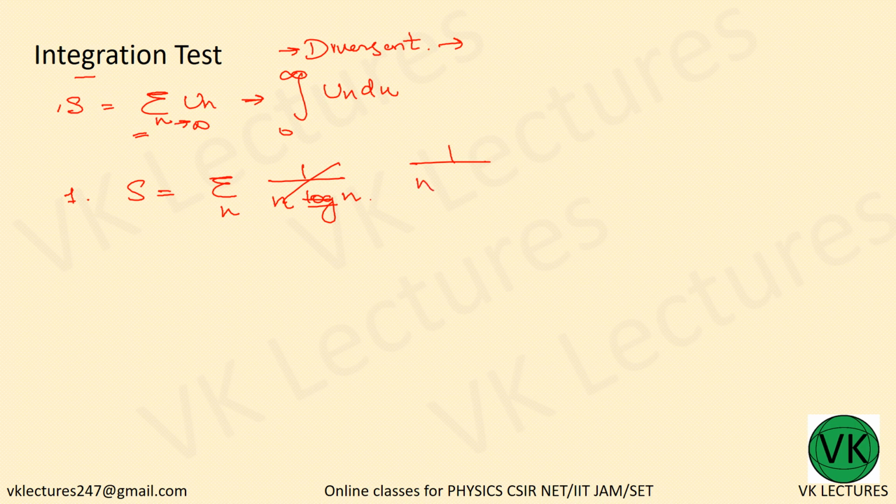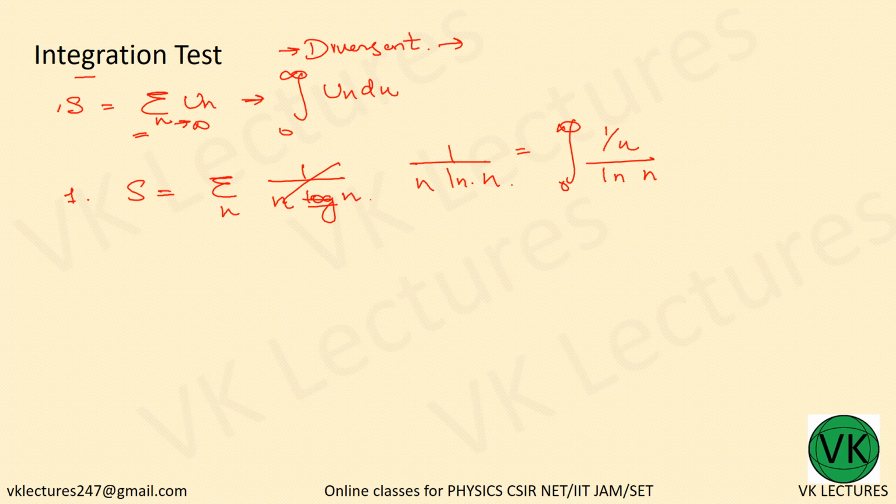So the integral from where to where, 0 to infinity, of 1 by n into log n. So we can write it as 1 by n divided by log n. Same thing, right? I am just writing 1 by n in the numerator.